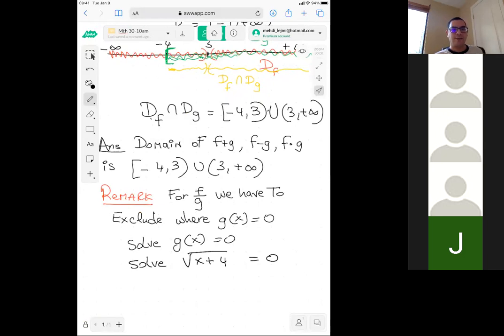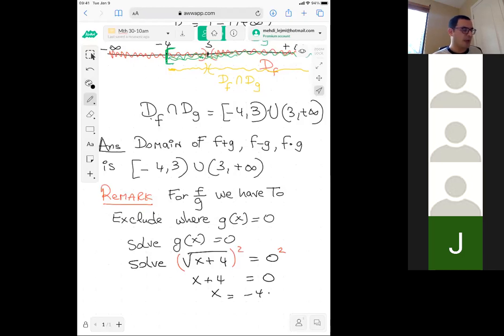How do we solve such an equation? There's the square root, so it would be a good idea to get rid of the square root first. All we have to do is take the square on both sides. Then that will be x plus 4 equal to 0, and of course x would be negative 4.